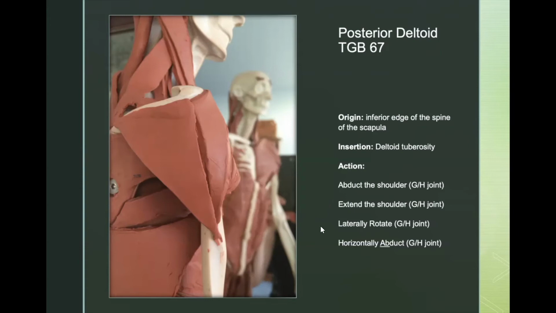The unique aspects of this piece are exactly opposite of the anterior portion of the deltoid. This posterior portion extends the shoulder, laterally rotates, also known as external rotation of the shoulder, and horizontally abducts the shoulder.